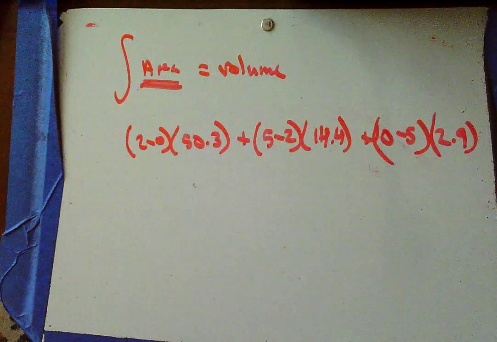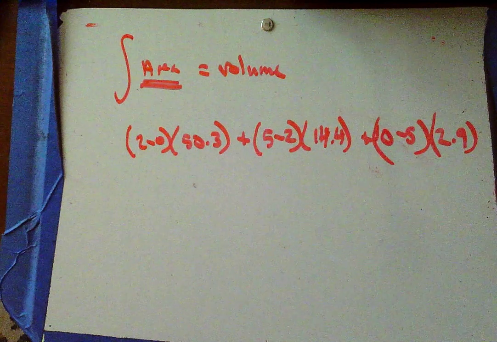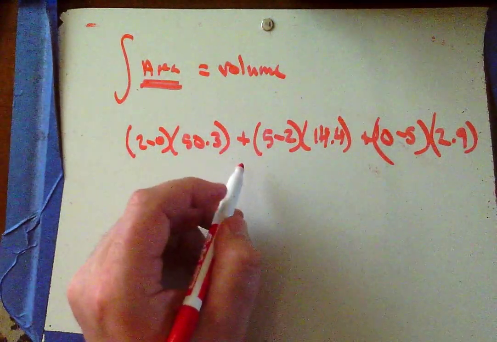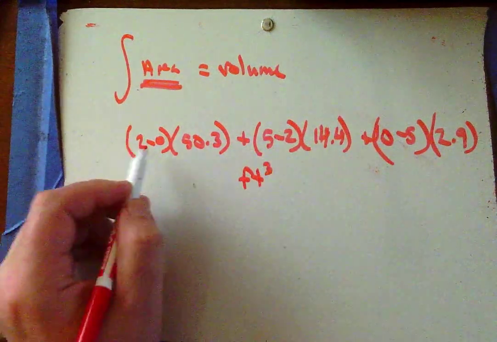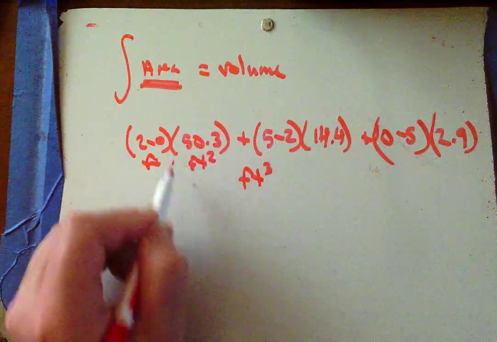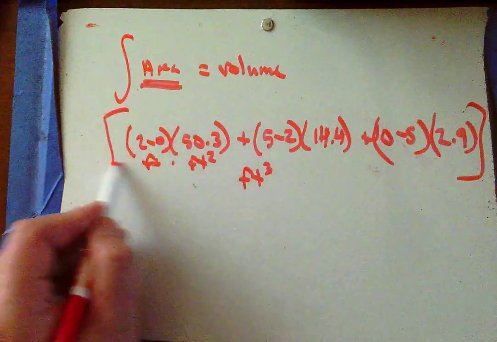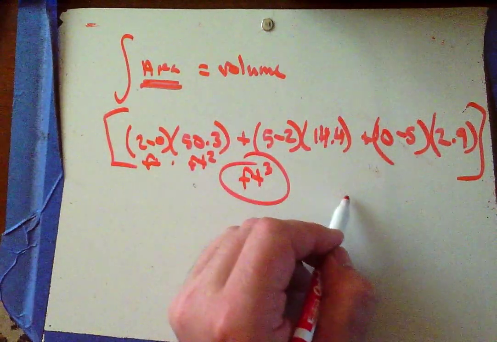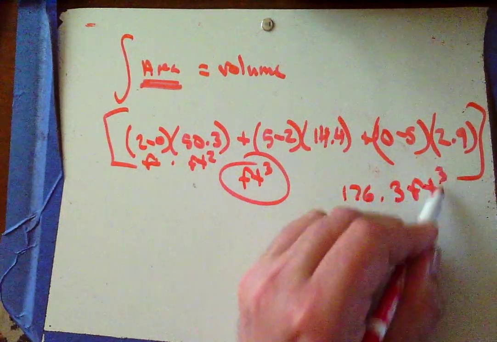Okay, I'm kind of tempted just to leave it there. This is with calculator. Oh, indicate units of measure. These would be cubic feet, because I did feet times feet squared. If you did compute this, you should get 176.3 cubic feet.